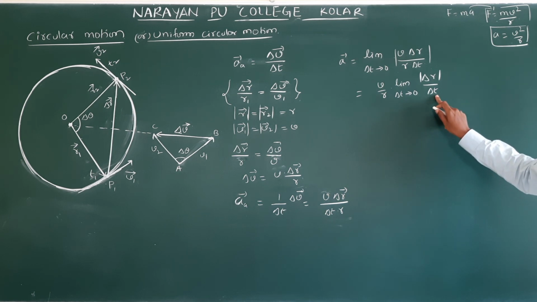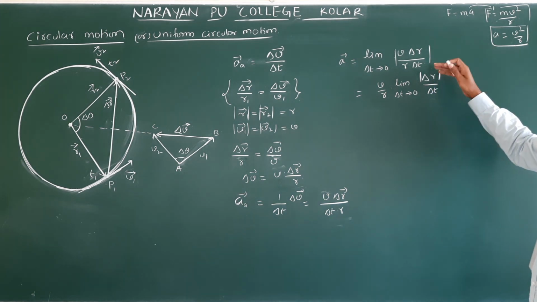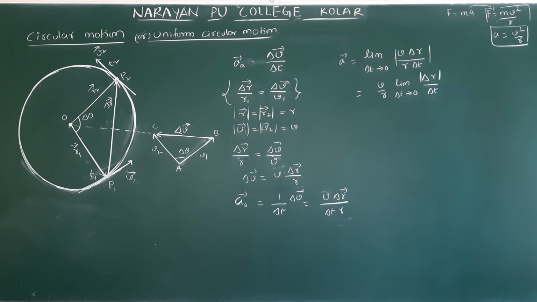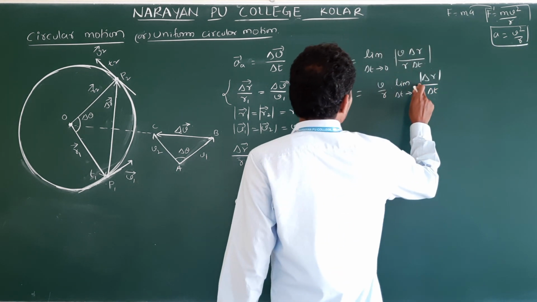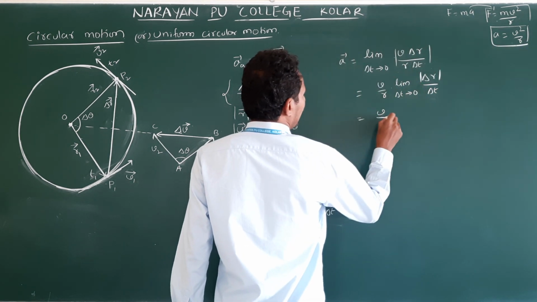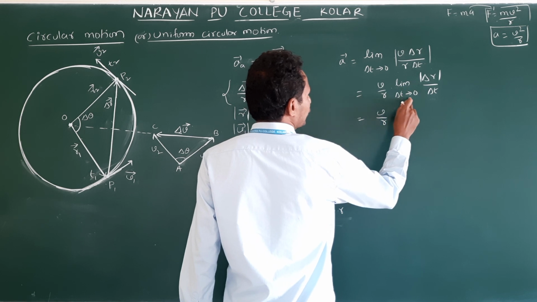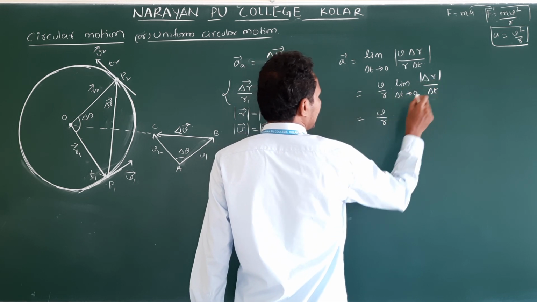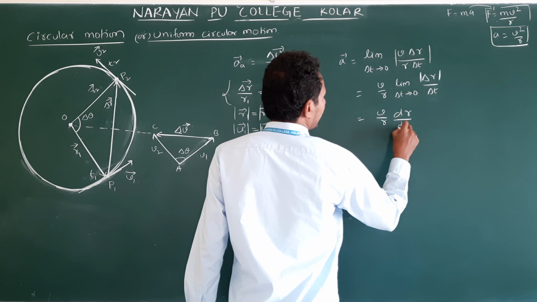This is not a vector, so no need to write the modulus for the denominator. So V by R is equal to limit delta T approaches 0 of delta R by delta T, which will become dr by dt.